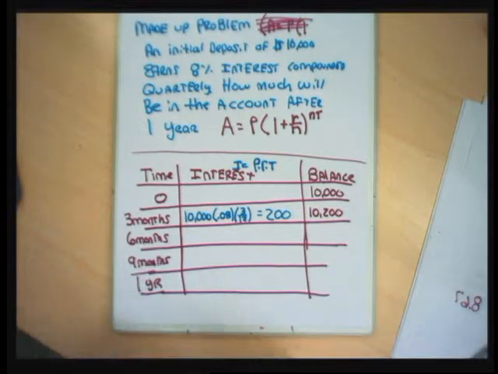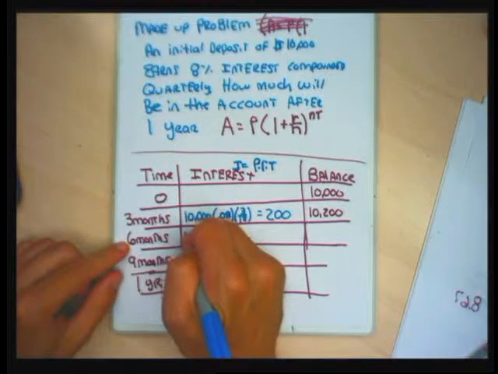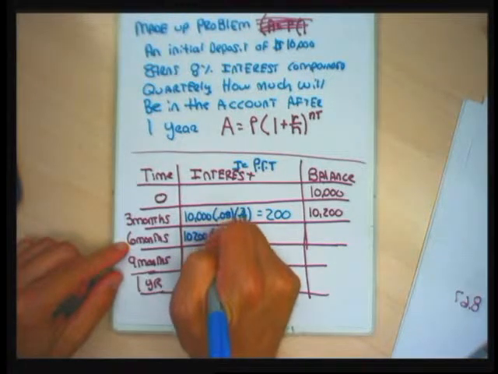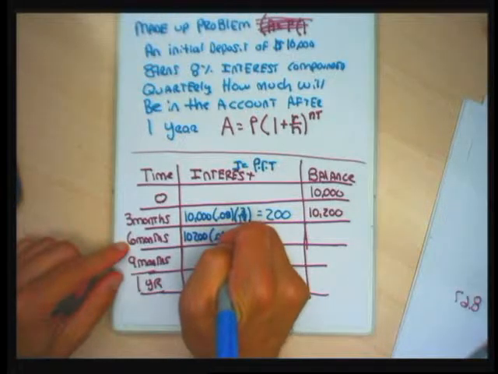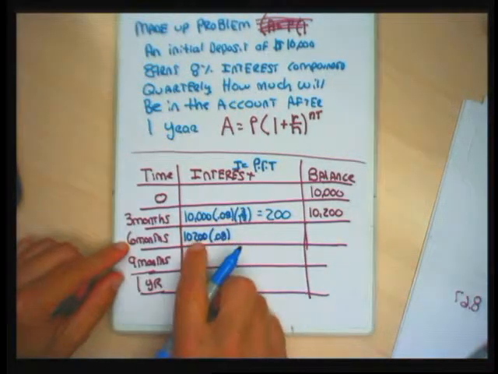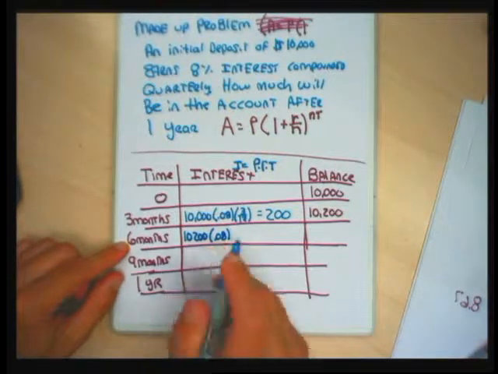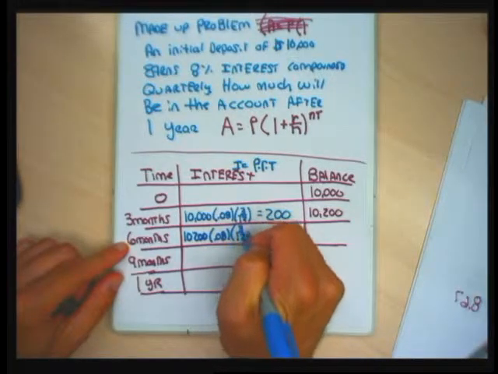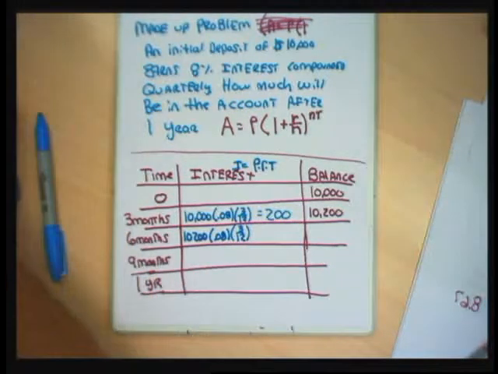So the second time I get interest, another 3 months down the line, 6 months from my initial deposit, I'm going to get interest for another 3 months. So the balance for this 3 months is $10,200. The interest rate is 8%, but the time is still another 3 months. I'm only getting a quarter year's worth of interest.